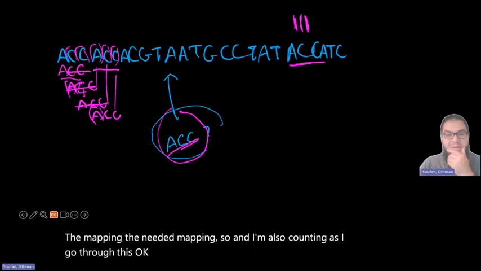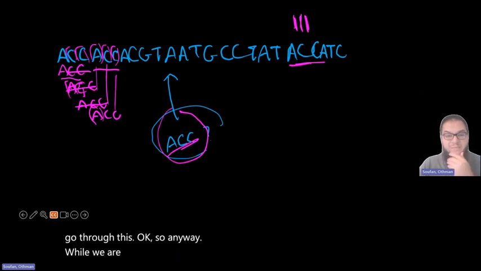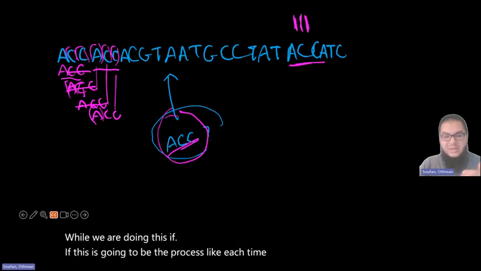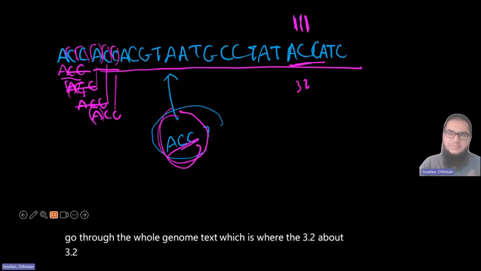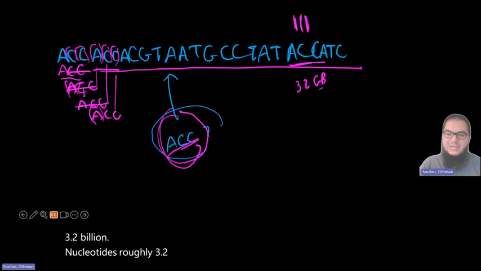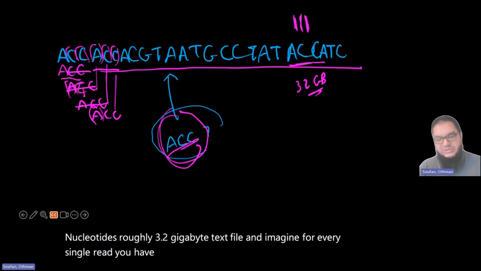Anyway, while we are doing this, if this is going to be the process, for each single read going through the whole genome text, which for the human is about 3.2 billion nucleotides, roughly a 3.2 gigabyte text file. Imagine for every single read, you have to do this whole process again and again.